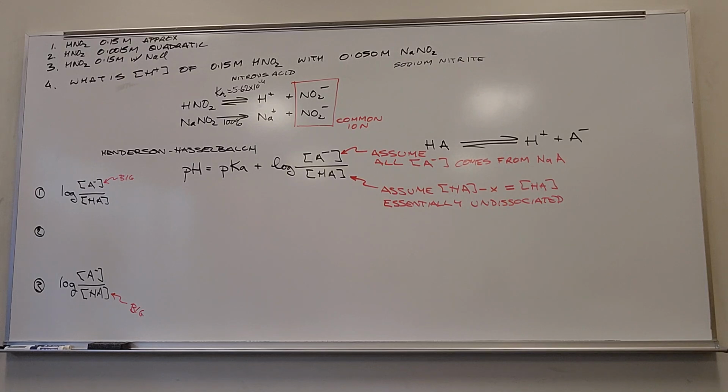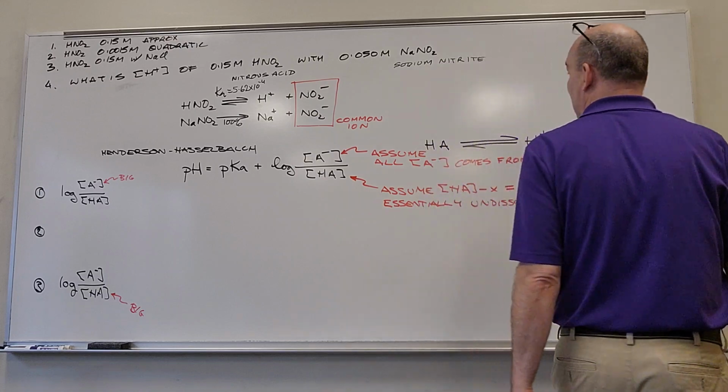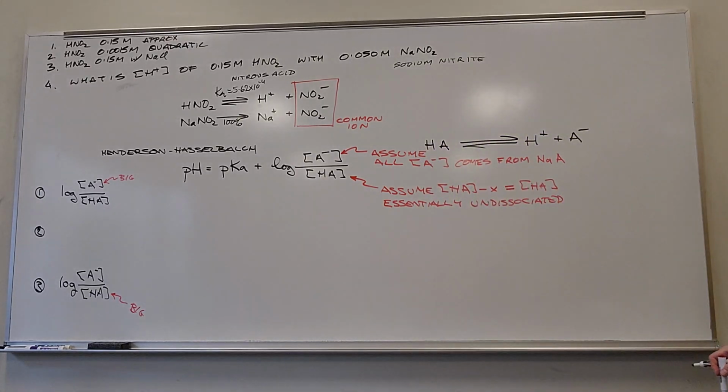Look at the wording in our question number 4. What is the H plus ion concentration of 0.15 molar nitrous acid in the presence of 0.05 molar sodium nitrite. Are we 1 or 2?